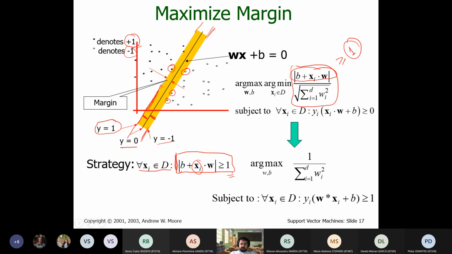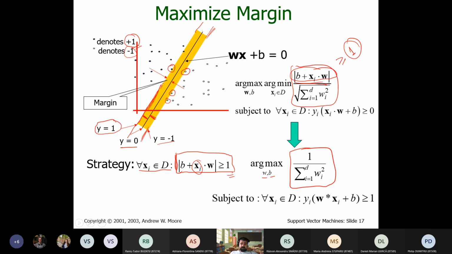So basically, what we would like to have is to identify the W and b that will maximize this value. This value depends only on W and b, okay? Because we said that the distance from the points to the classifier is greater or equal to 1. It's equal to 1 only for the support vectors.